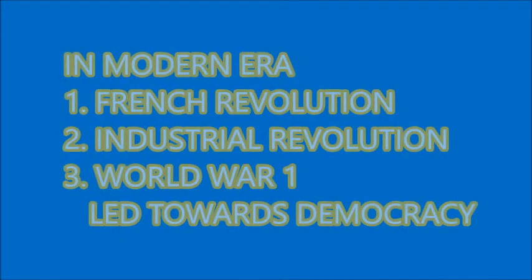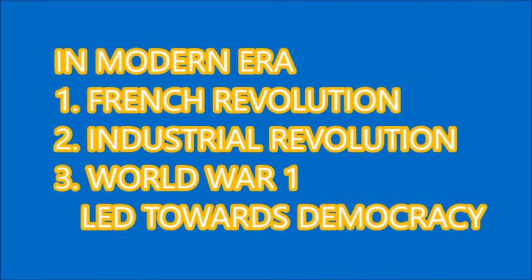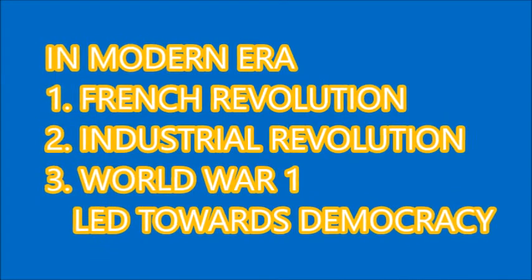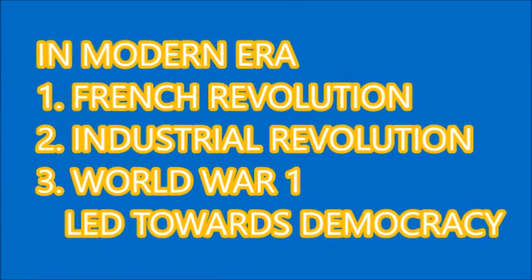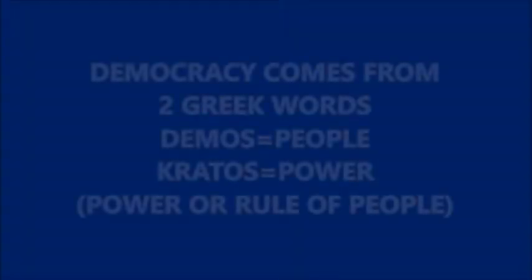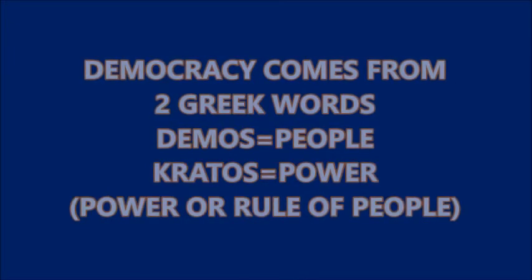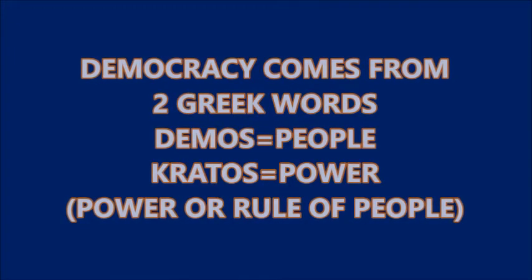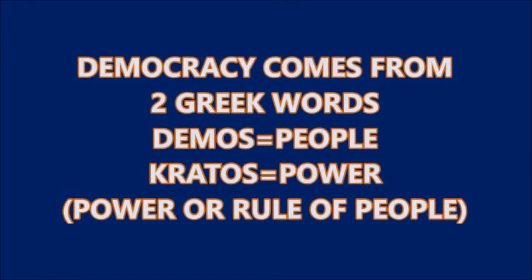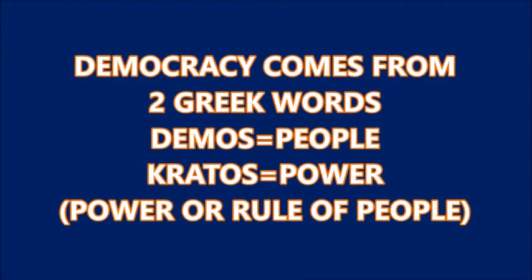In the modern era, the French Revolution, Industrial Revolution, and World War I led towards democracy. Democracy comes from two Greek words, demos, people, kratos, power. Power or rule of people.